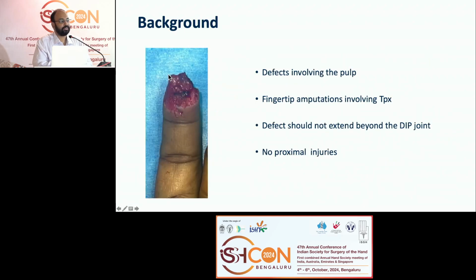The ideal defect for a homodigital reverse digital artery flap would be defects involving the pulp or a fingertip amputation that involves the terminal phalanx. The defect should not extend proximal to the PIP joint, and there shouldn't be any proximal injuries, as these would disrupt the communicating branches and make the flap impossible.